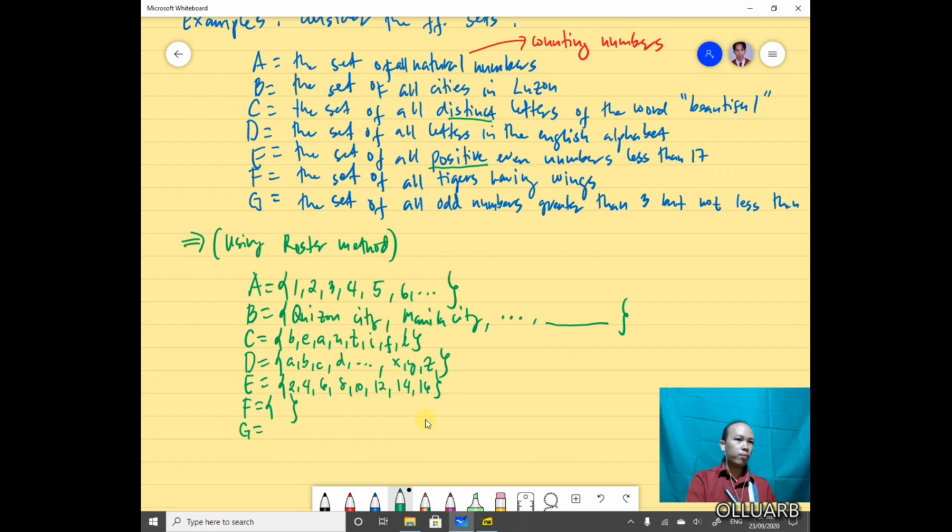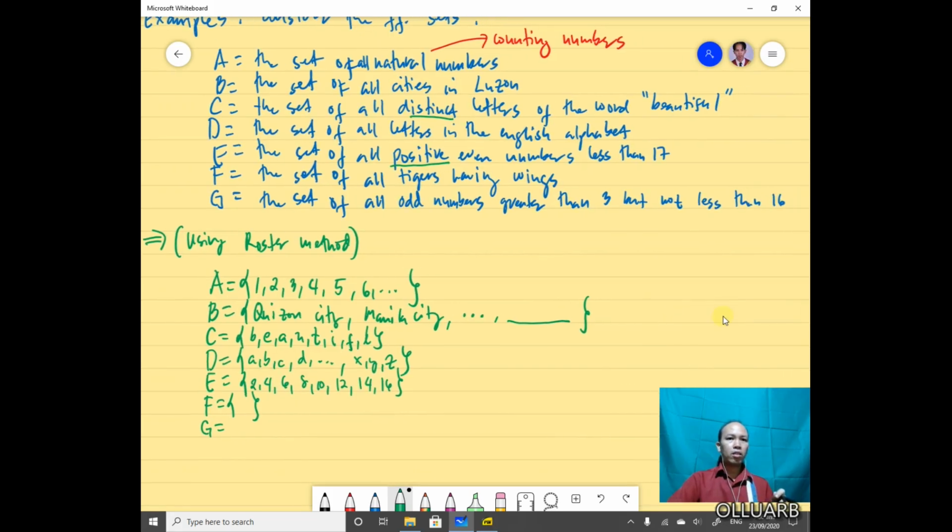Set G, the set of all odd numbers greater than 3 but not less than 16. So greater than 3. Is 3 greater than 3? Of course not, so we will start at 5. Odd numbers: 5, 7, 9, 11, 13, 15.